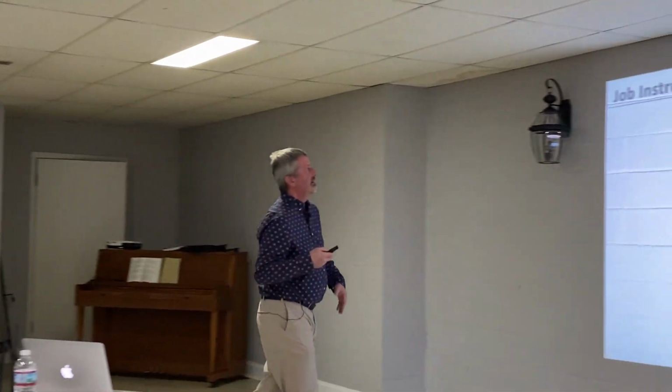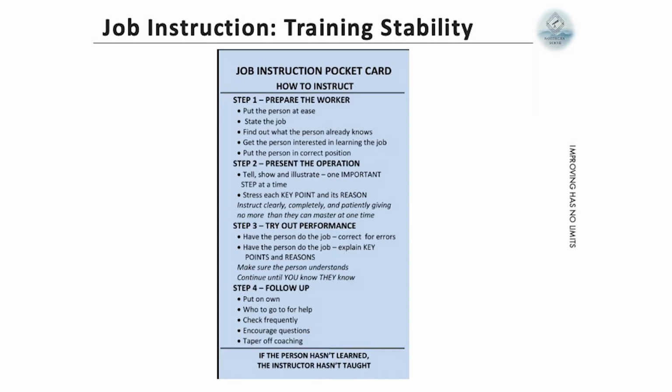And then how we do our training. Again, this is a whole separate class, but just to introduce the term, it's called job instruction. Okay? What job instruction does: we prepare the worker, we present the operation, we try out the performance, and we follow up. And so often we do training through following a person versus really doing it for them.